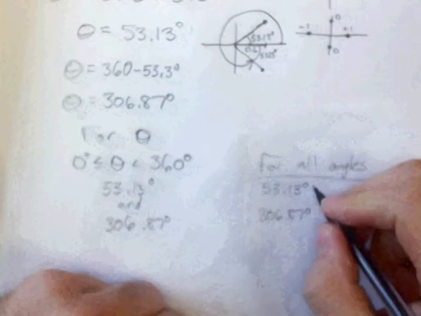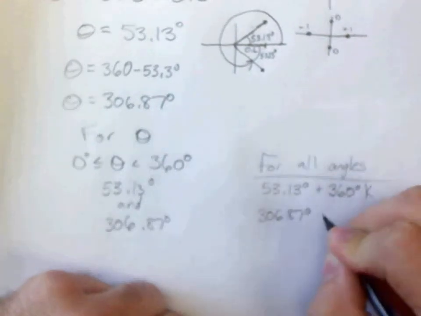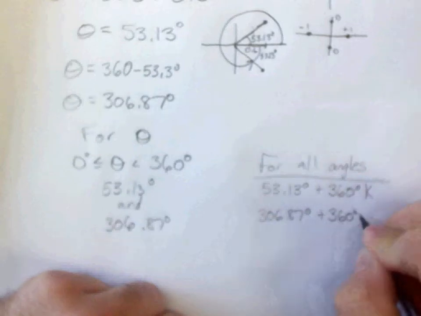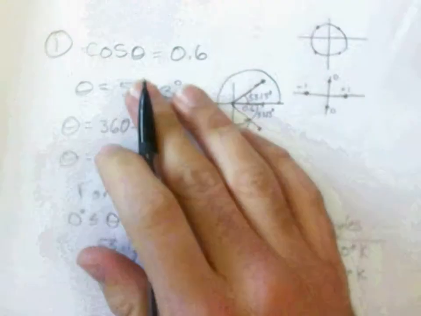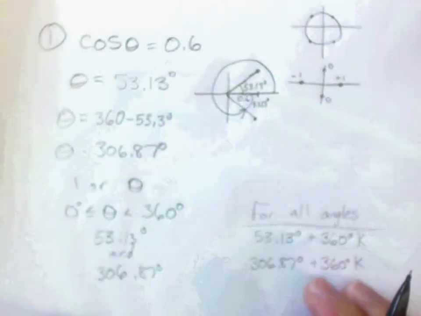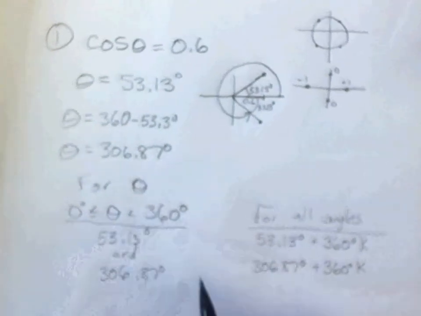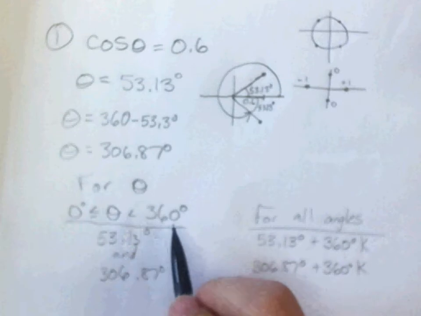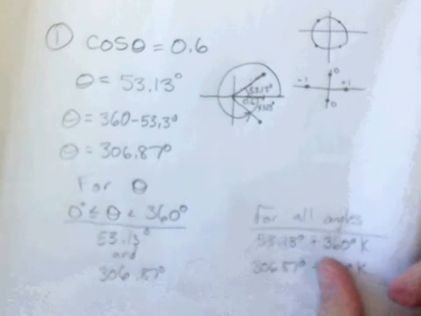So the shortcut is to say plus 360 degrees k for each one. And that will tell us all of the angles that satisfy this equation, whereas this one tells us all of the angles that satisfy the equation within one revolution, between 0 degrees and 360 degrees. Okay, let's try another one.